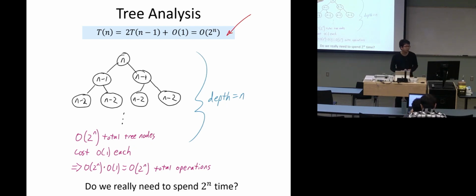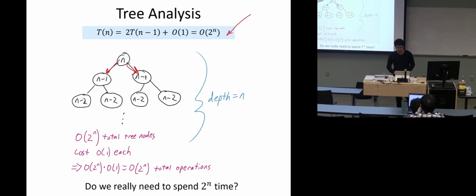And we have seen this before. That is something like 2 to the n, because you branch out with a branching factor of 2, and the depth is n. So that's 2 to the n, if you just analyze it like that.